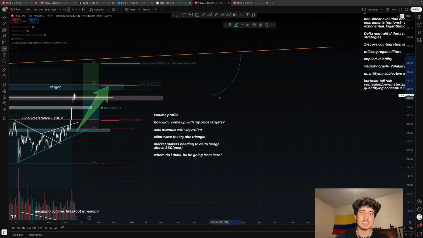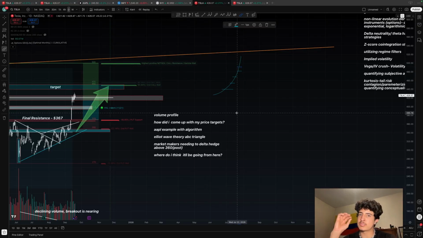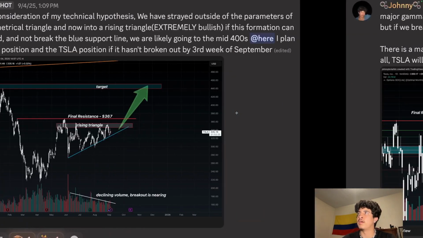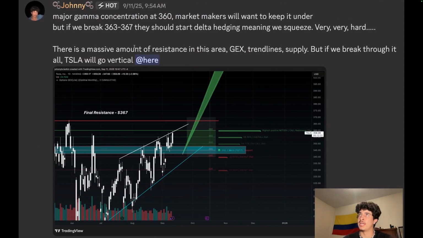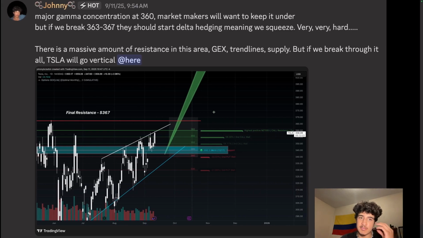So they have to delta hedge, and that can mean buying shares or shorting shares, selling shares, to maintain the delta neutrality. This might be a little difficult to understand, but we're going to go back to this next post, where I specifically talk about the fact that if we can break 363 to 367, market makers should start delta hedging, meaning we squeeze very, very hard.